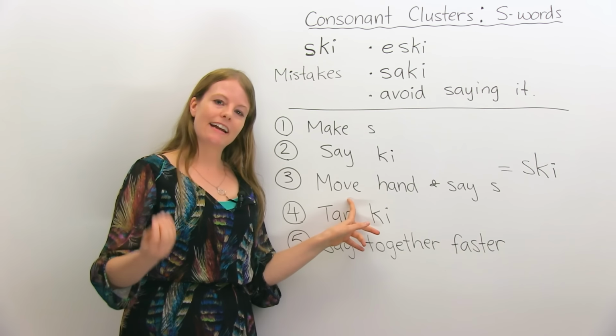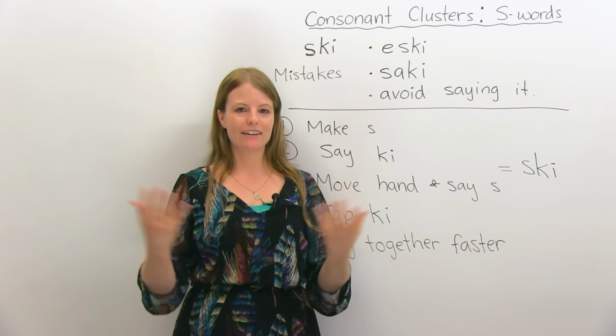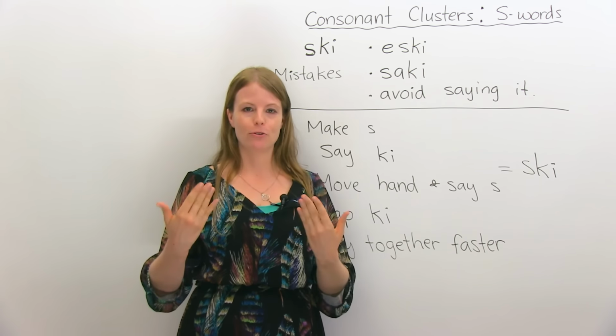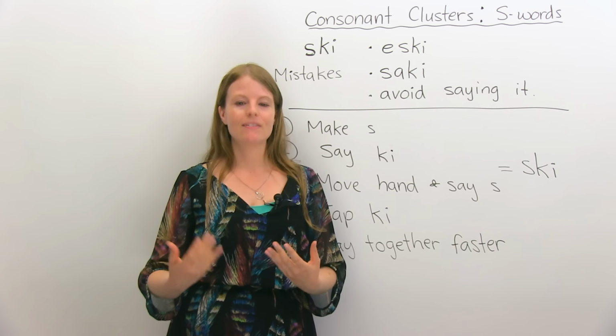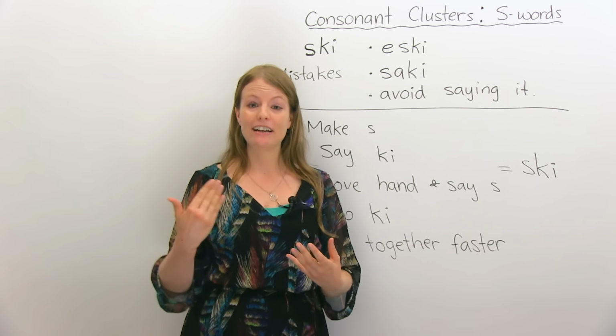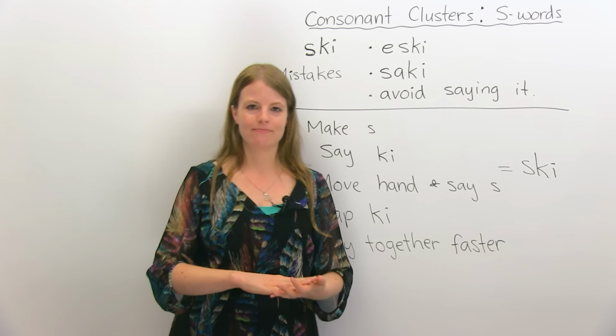So one thing that can help you when you practice is to have kind of like a visual. Visuals or things you see can really help you with your pronunciation. So I'm going to teach you something. I don't want you doing this in conversation with people. This is just to do when you're at home practicing these words.